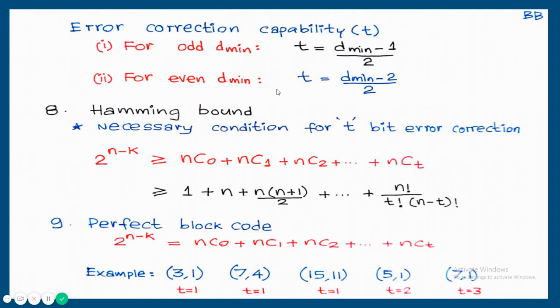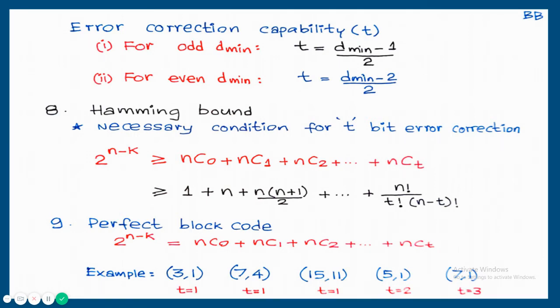Next definition is Hamming bound. It's providing a boundary. It's a necessary condition for any (n, k) block code with t bit error correction. Condition is 2 raised to n minus k is always greater than or equal to nC0 plus nC1 plus nC2 plus etc. plus nCt, where n minus k is the number of parity bits, nC0 is n combination 0, n combination 1, nC2, etc. up to nCt, where t is the correction capability.